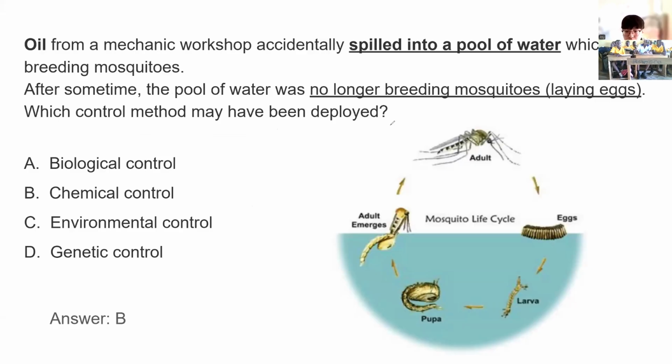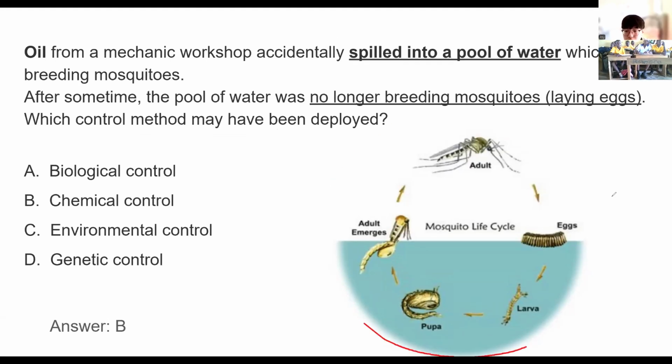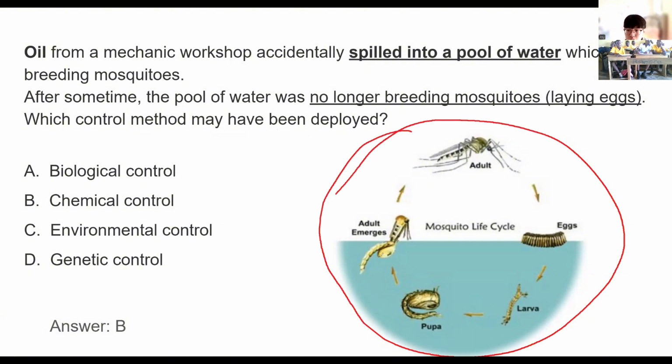So can everyone see this picture? Yeah, that is the life cycle of a mosquito. So we have the eggs first, and then the eggs of the mosquito turn into larvae.